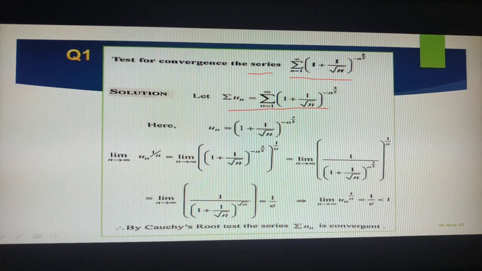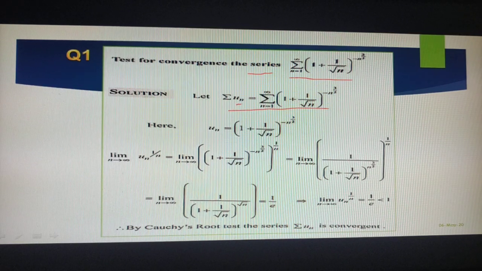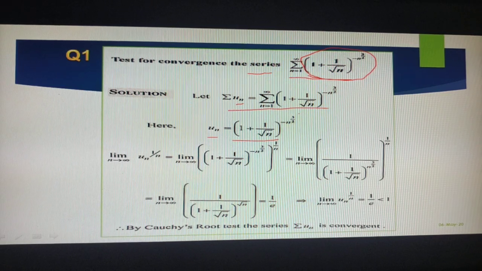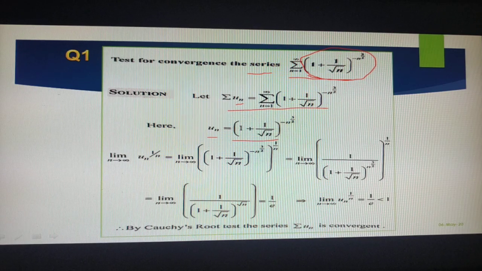I am taking here the series as summation un, whether it is an or un doesn't matter. So what is your nth term here? Whatever comes after your sigma symbol will be your nth term. So un is equal to (1 plus 1 by root n) whole to the power of minus n to the power of 3 by 2.